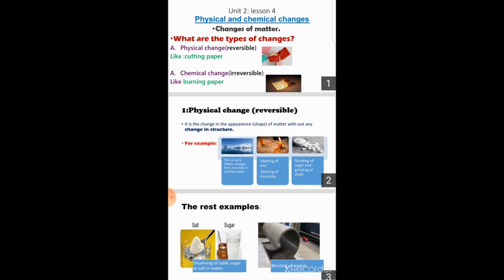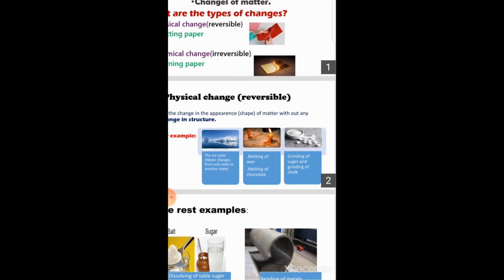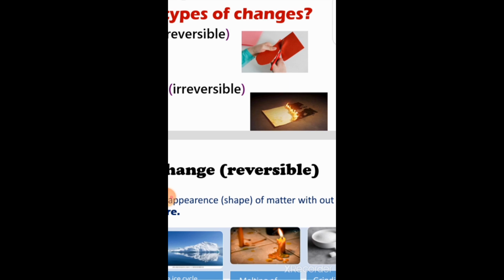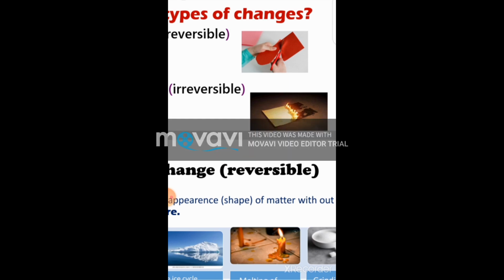Look with me at this picture. If I have two pieces of paper, I will cut the first piece and burn the second piece. In the first case, in cutting paper, the shape of the paper changes only, but it is still paper.